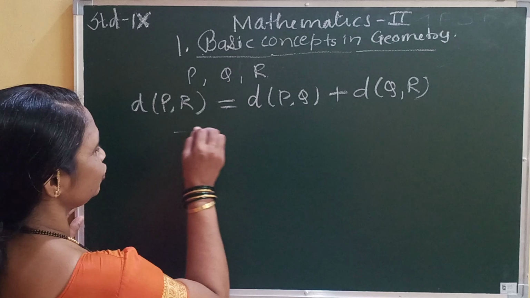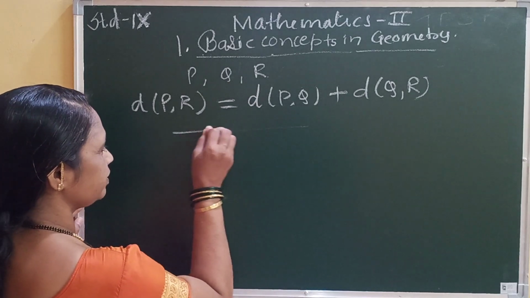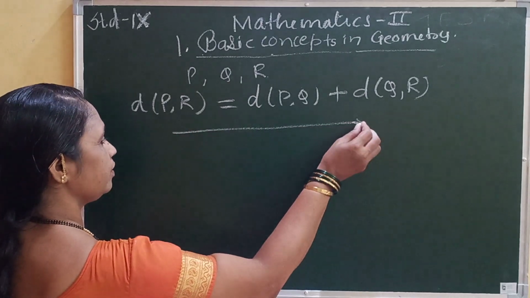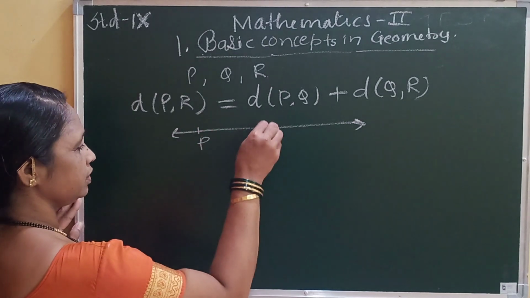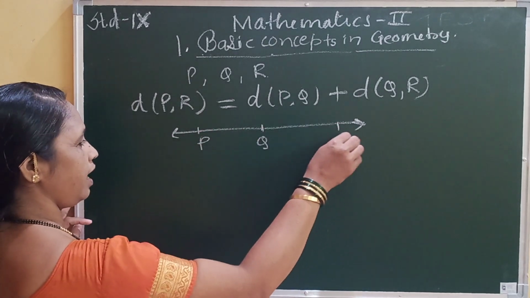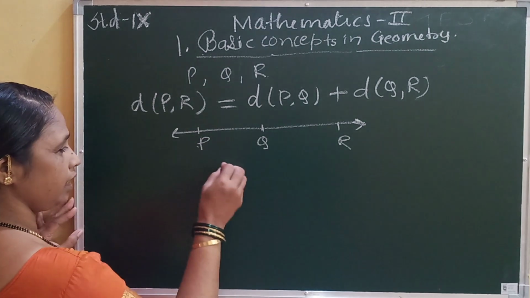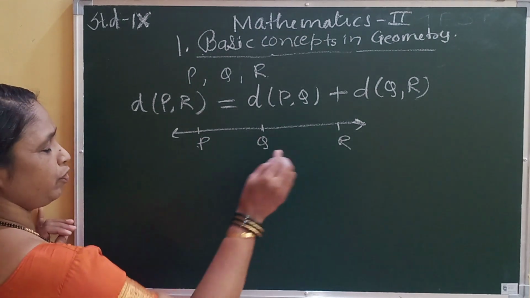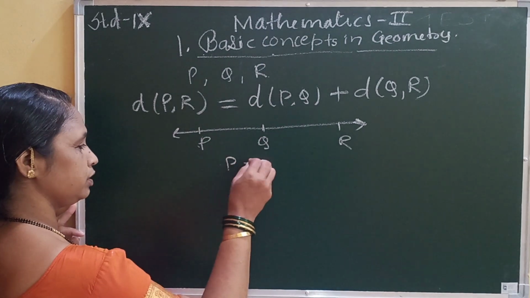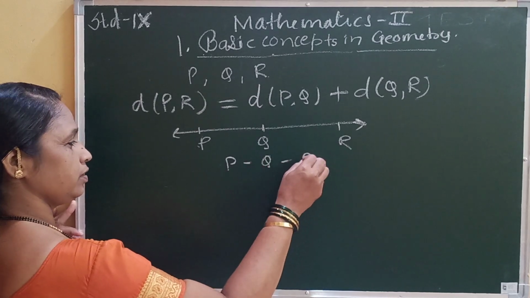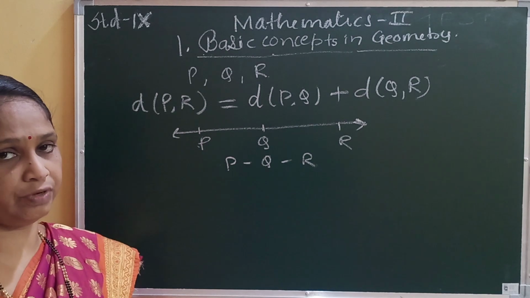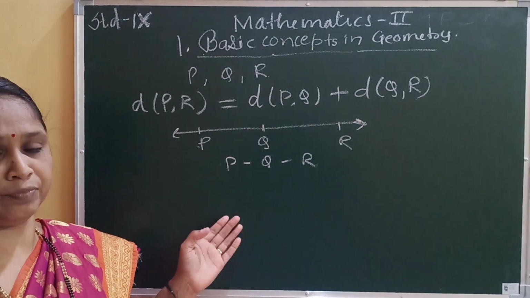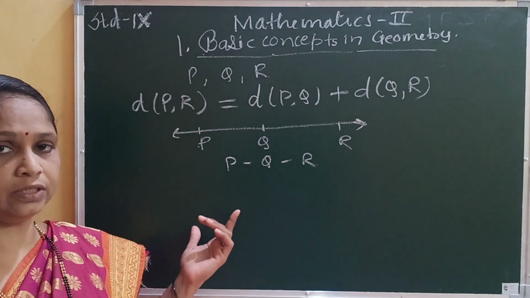Diagrammatically we can represent this figure as point P here, then Q and R. Point Q is between points P and R. We can show it in this way also. Based on this, we have to study examples from Practice Set 1.1.